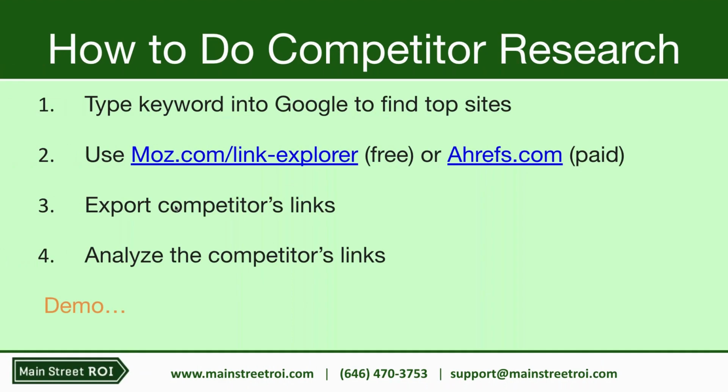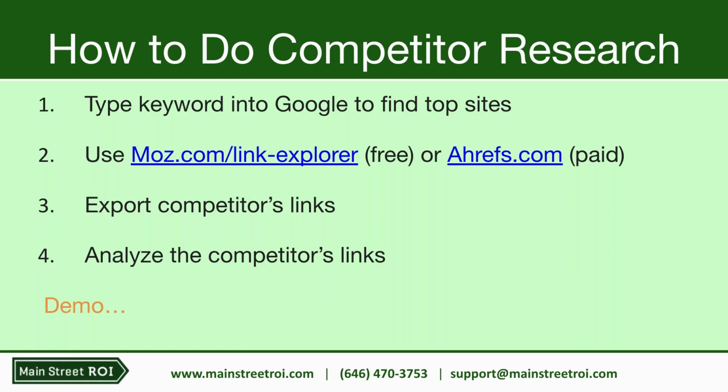A lot of times what I will do is I will export the competitors' links and then analyze those. My process generally is I use Ahrefs. I like them for doing link building research. So I'll just do exactly like that. For the website I'm working on, I'll have all their links in a spreadsheet.